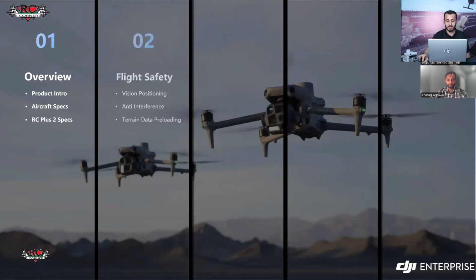Regarding the safety of this aircraft, it has different vision sensors and obstacle avoidance sensors, which are very good for the inspection process, where there are cables around, and it will detect them. Regarding terrain follow, it also has some advanced features.